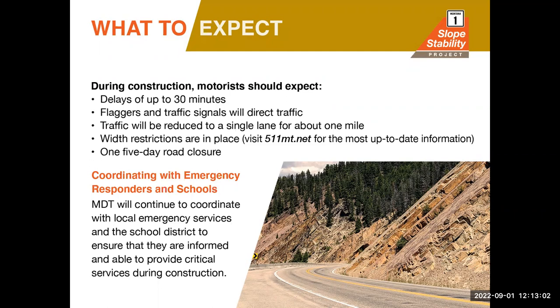During the day, you can expect 30-minute delays while the contractor is performing work, and then a complete flush of the traffic from both sides. During the night, you can expect delays between 5 and 10 minutes when the contractor is not working. We'll be using flaggers and traffic signals to direct traffic through the single lane area.